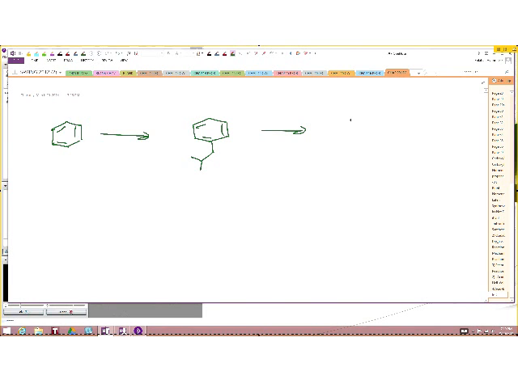We've already done this part. Okay, that's your ibuprofen. This is already done, so we don't need to worry about this. Okay, how do we do this? What is the approach you want to use here?